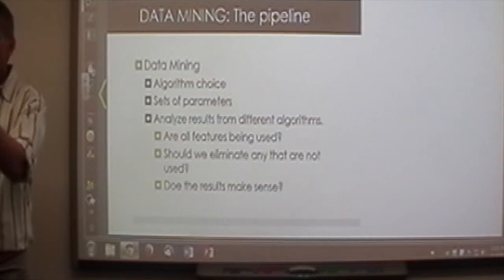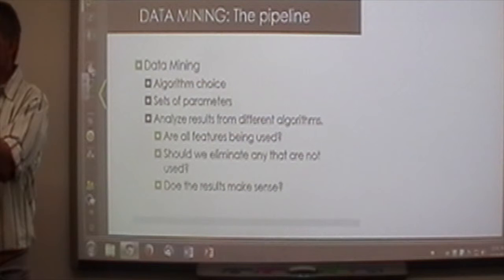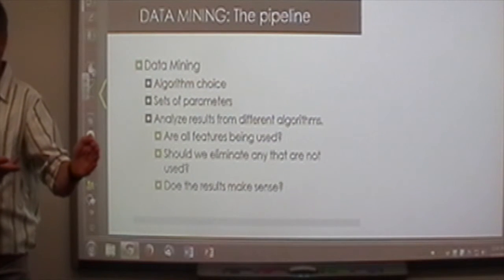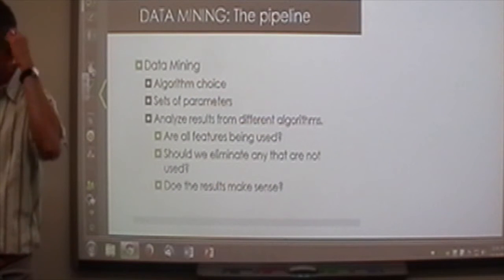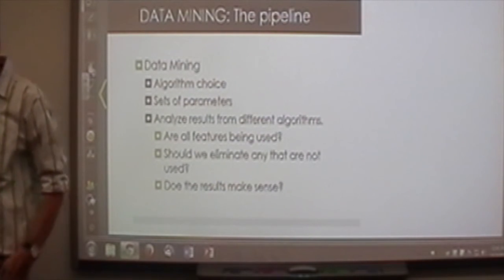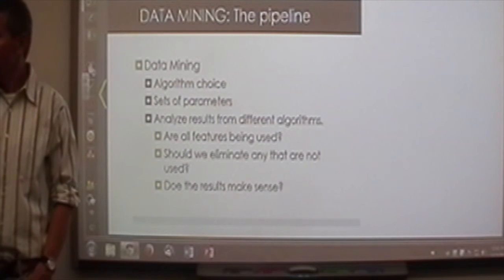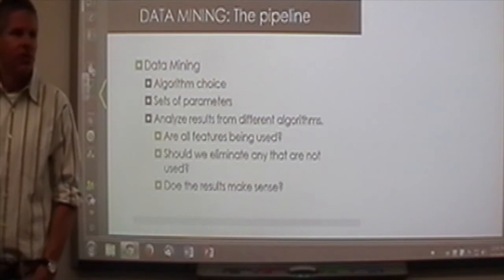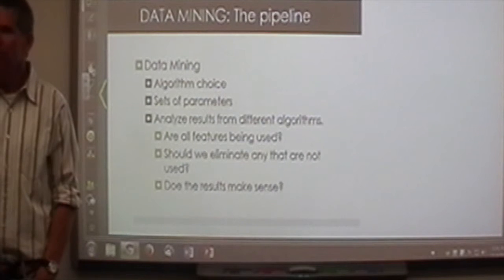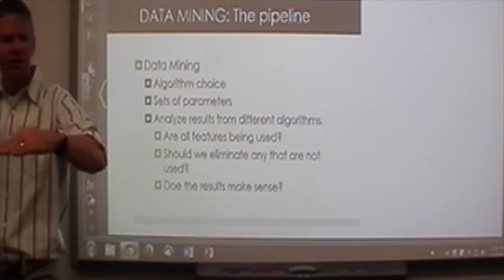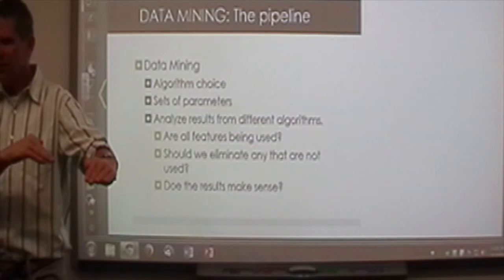So you might ask someone in the field. If you're looking at genomic data, you get your results and it's like, hey, does this make any sense to you, a biologist who's studying genomics or molecular biology? Does this make sense that this would be the result?